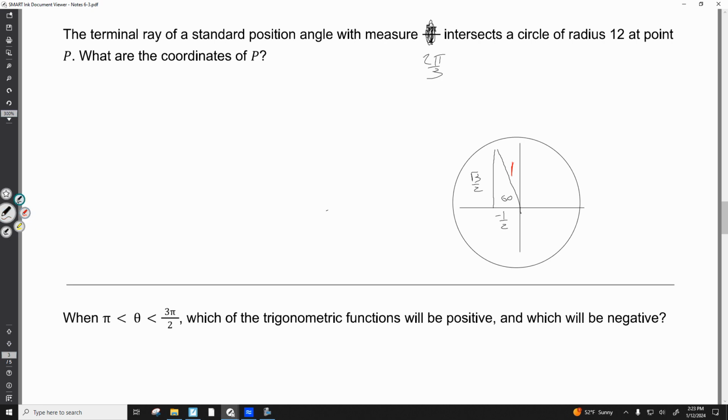This point here is where the terminal ray intersects with the circle. Focus, blank stares. Could you give me the coordinates of this intersecting point? Write them down. What are the coordinates of that intersecting point?